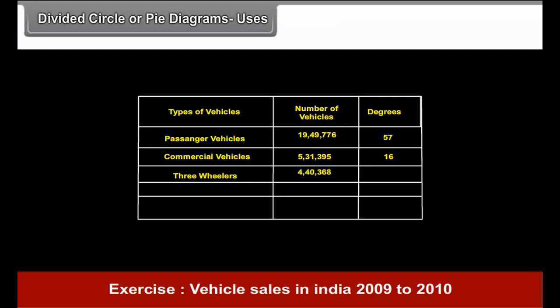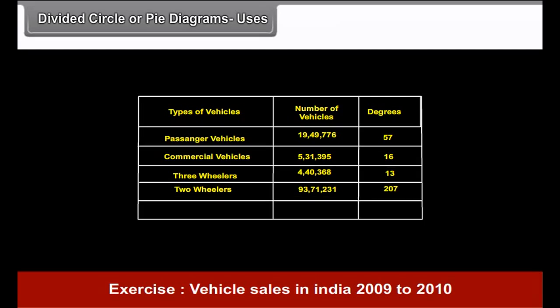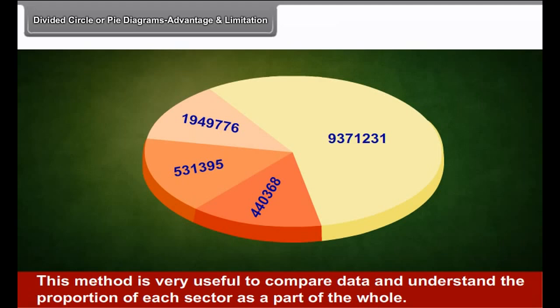Write the title and draw a legend to express each shade. Uses. This method is very useful to show population data like male-female, workers, non-workers, age compositions, etc. Besides population figures, it is also useful for land use pattern, export-import, etc.